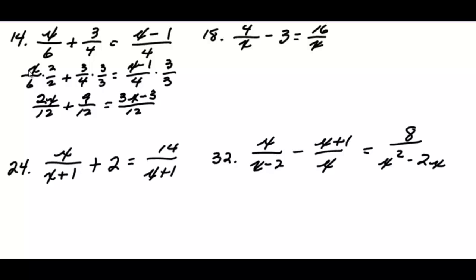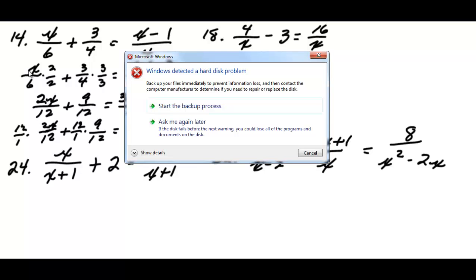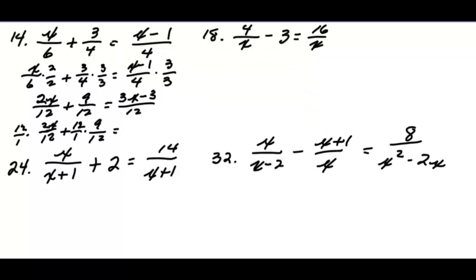Now, what we can do now that we have a common denominator is multiply through by 12 over 1. So if we take 12 over 1 times 2x over 12 plus 12 over 1 times 9 over 12 is equal to 12 over 1 times 3x minus 3 over 12.